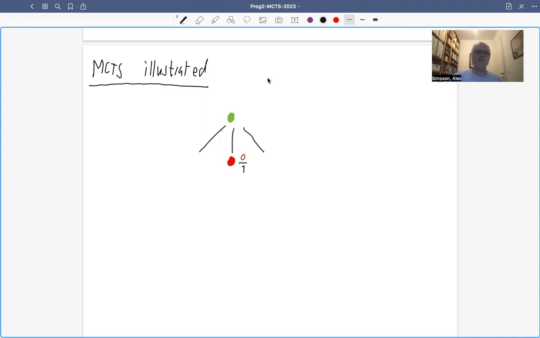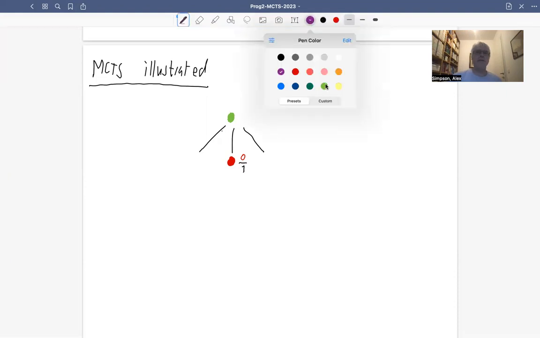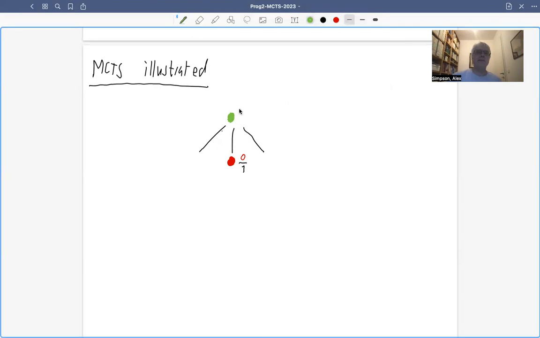It was green's move, and we also take note of the statistics here. Green has also played one game, and green has won 1 game out of the 1 game that we played. That's 1 run of the Monte Carlo tree search algorithm.